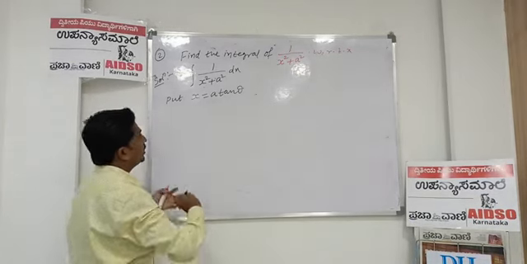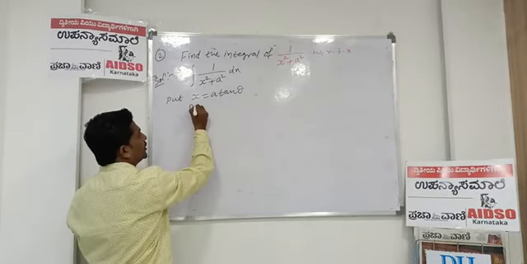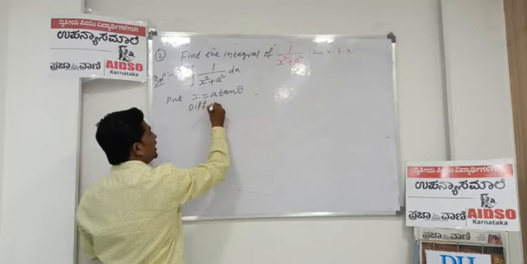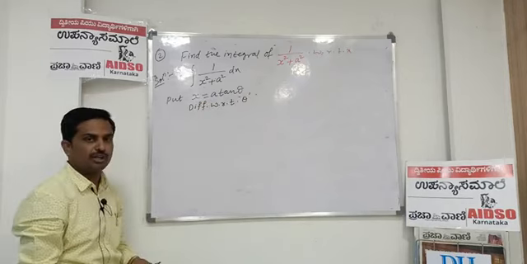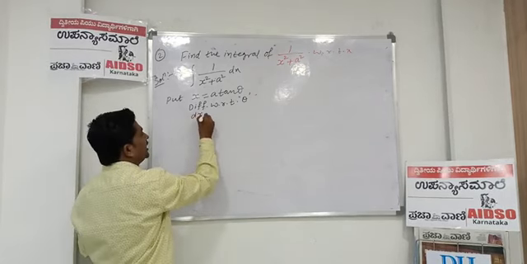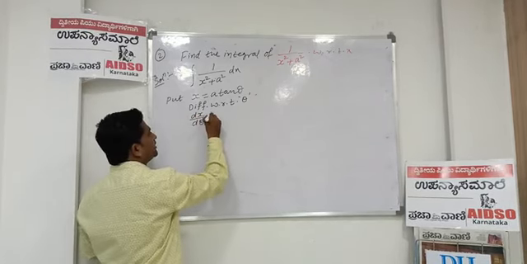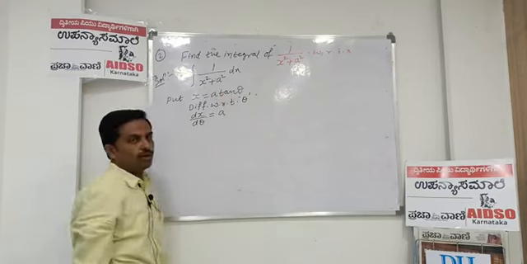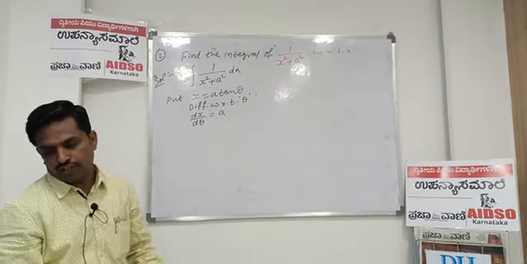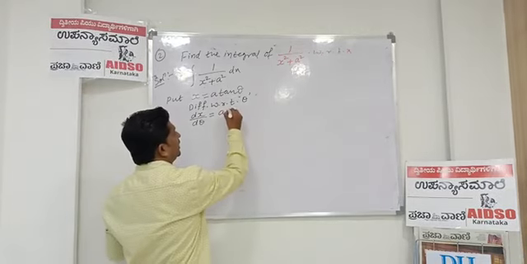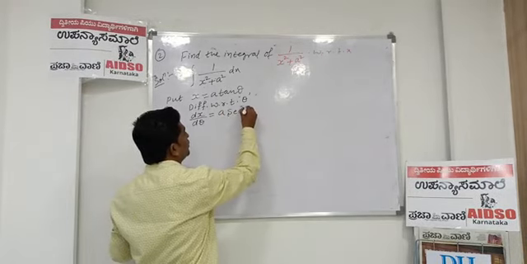We can get the dx value if we differentiate. So this substitution we have introduced, we differentiate with respect to theta. Then dx divided by d theta is equals to a into the derivative of tan theta, which is nothing but secant square theta.